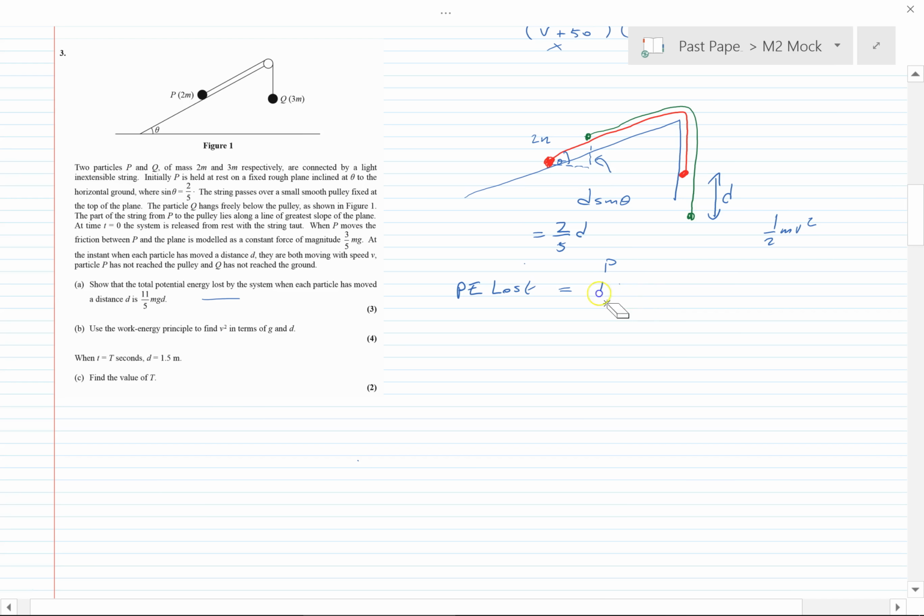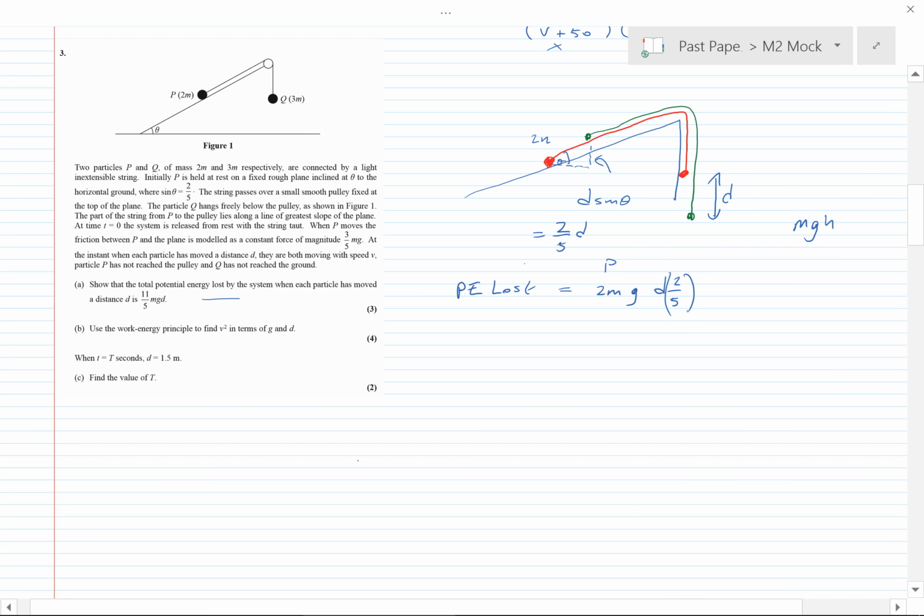No, we're not using that, it's potential energy, which is mgh. Apologies. So that's 2m g times the height that it's gained, which is d sine theta, which we've worked out is d times 2 over 5.